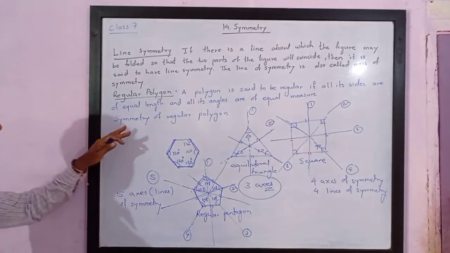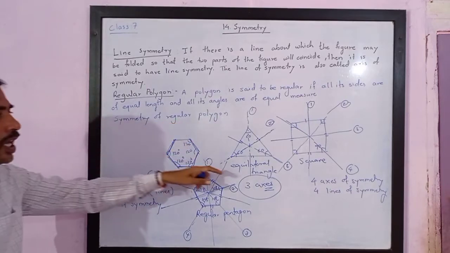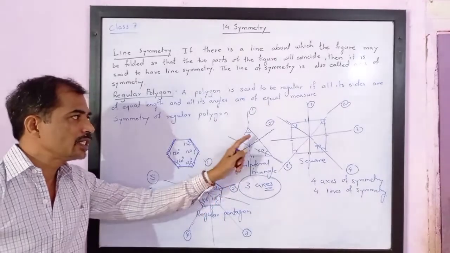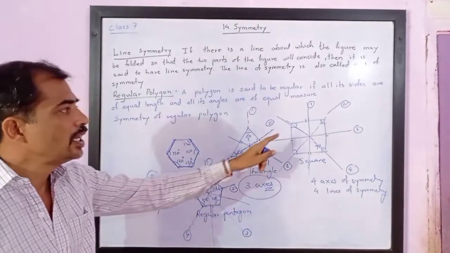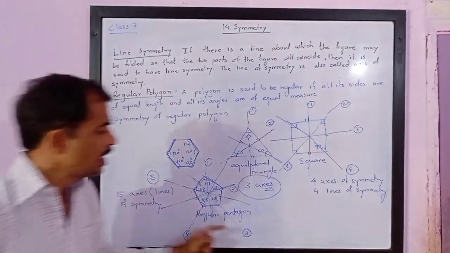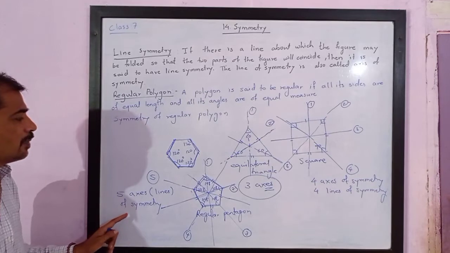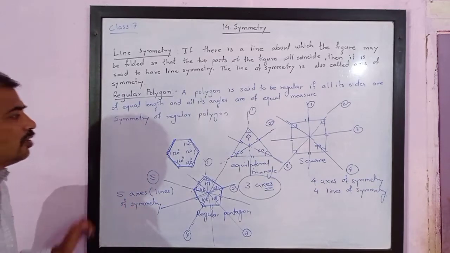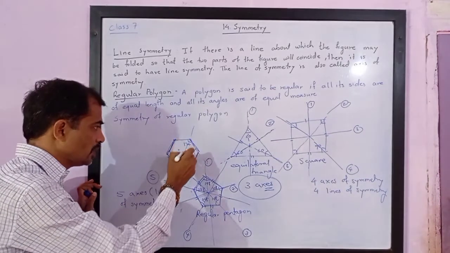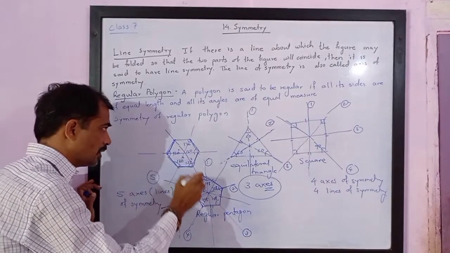Watch carefully, we are studying line symmetry of regular polygons. If it is a regular polygon with 3 sides, it has 3 axes. If it is a regular polygon with 4 sides, it has 4 lines of symmetry. If it is a regular pentagon, then it has 5 axes of symmetry or 5 lines of symmetry. If it is a hexagon, you will notice that it has 6 lines of symmetry.